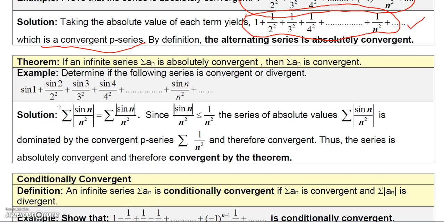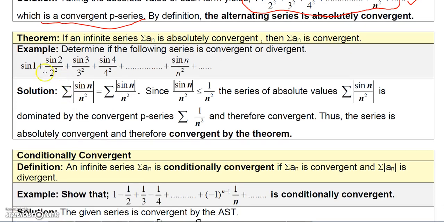But there's another theorem here that says if an infinite series is absolutely convergent, then the series itself must converge. So here's an example of a series from the sine function.